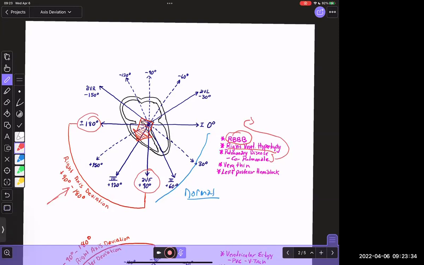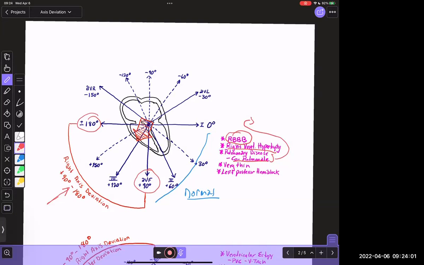And remember, when we talk about cor pulmonale, we're talking about the vasculature in the lungs being, for want of a better term, tight. So the blood is confronted by more force, requires more force to push through the vasculature of the lungs. So why would that cause a rightward axis deviation?